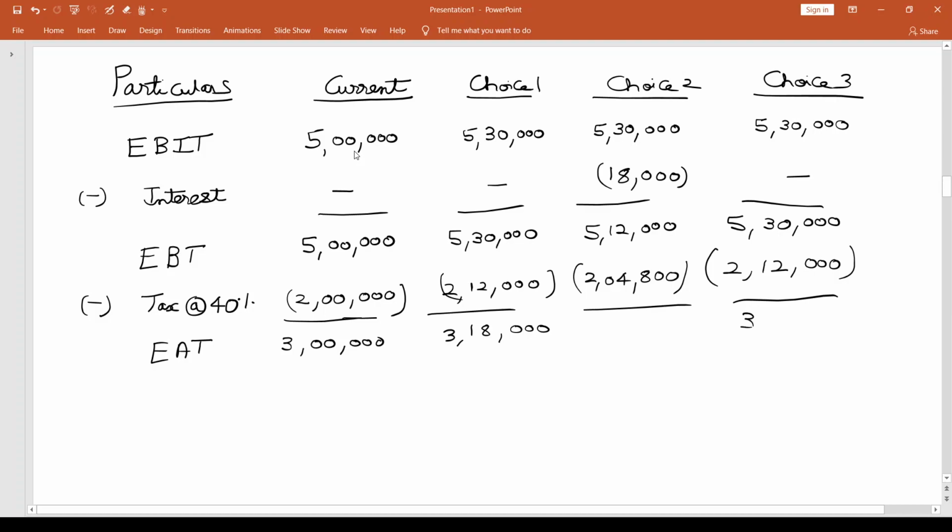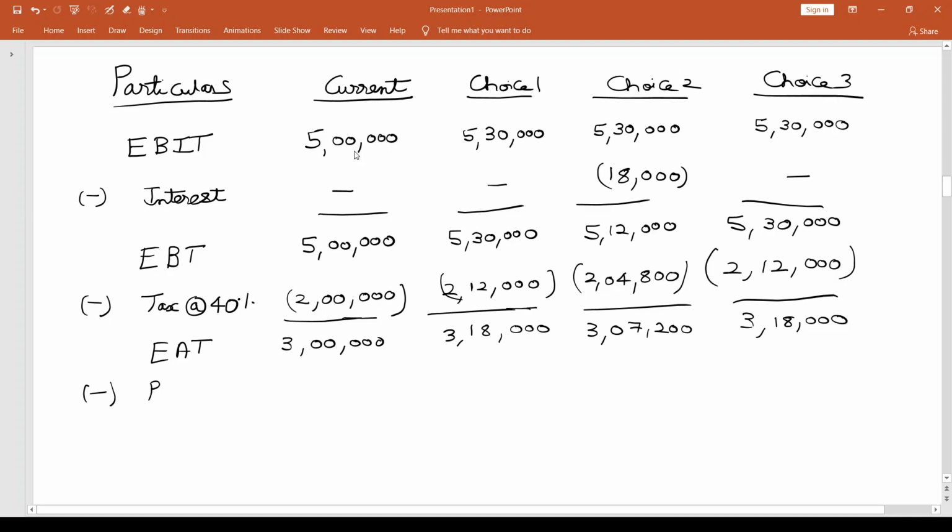And yeah, this is going to be the case even for choice 3. For choice 2, it is going to be 5,12,000 minus 2,04,800. That is 3,07,200.